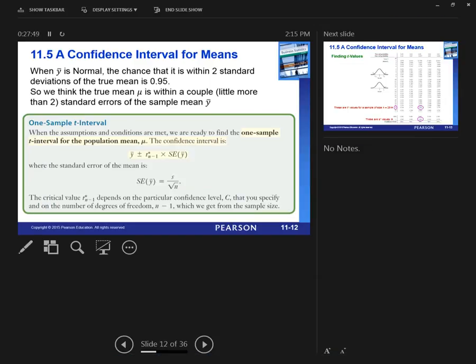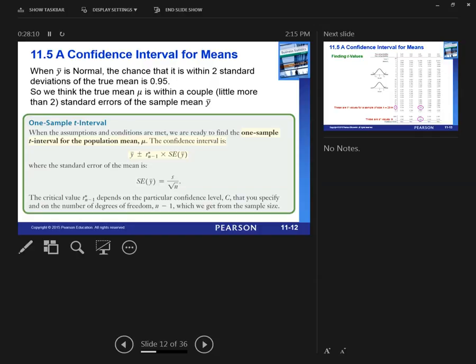So we think the sample mean is within 2 standard deviations of the true mean mu. So that means we think the true mean mu is within a couple of standard errors, our estimate of the standard deviation of the sample mean.